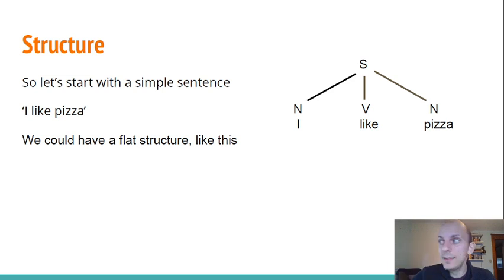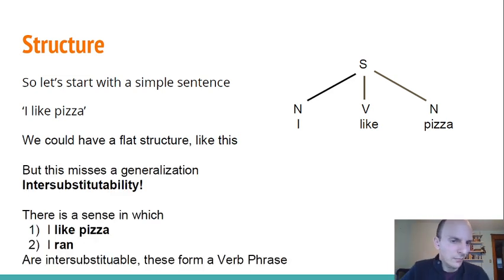At its most basic level, what we'll see is that this misses generalizations of morphosyntactic categories. Right? This misses a generalization of intersubstitutability, which is this. There's a sense in which in sentences like 1 and 2 here, in the sentence, I like pizza, and in the sentence, I ran, these bolded elements, in some sense, are themselves intersubstitutable.